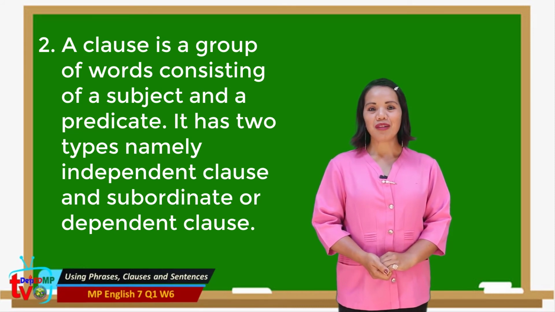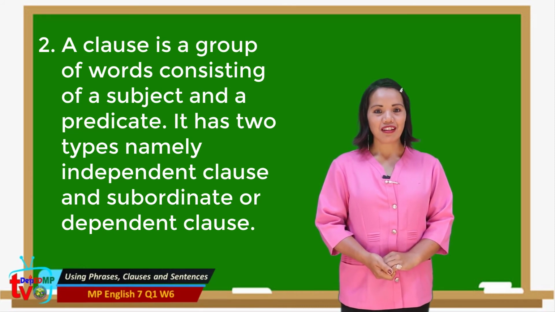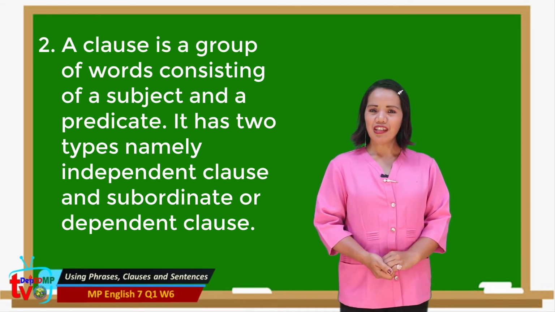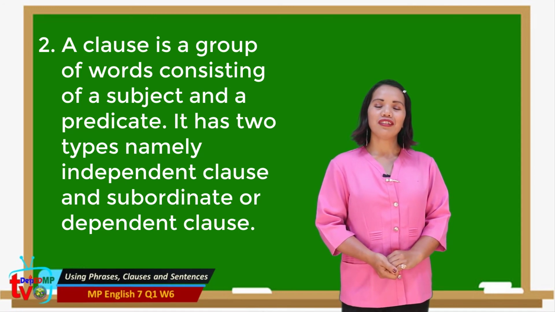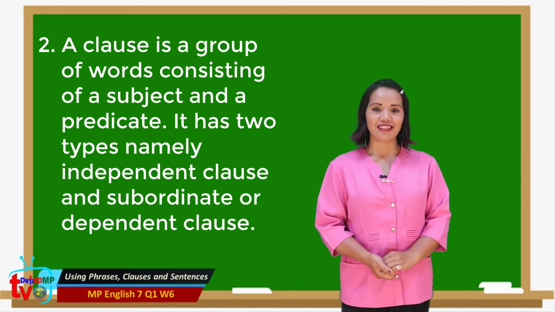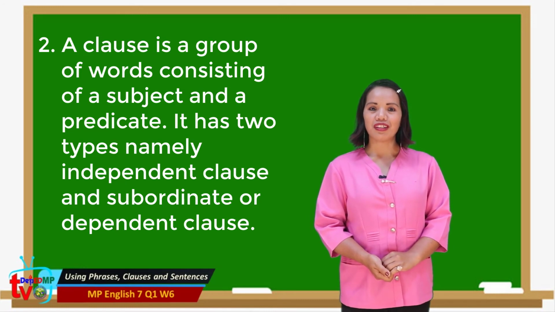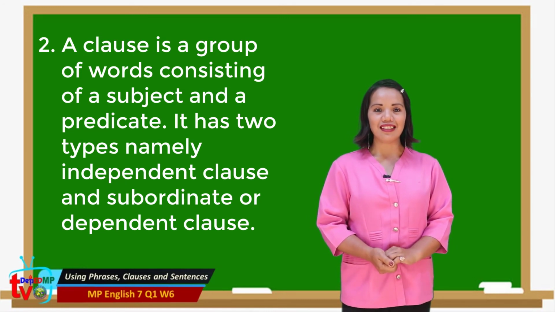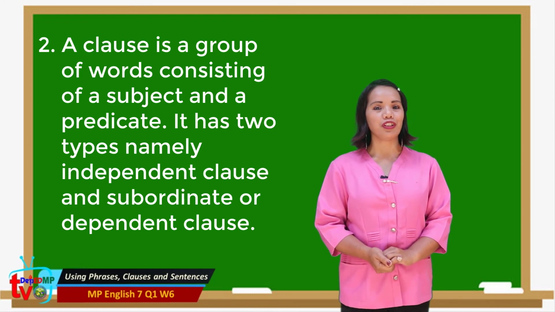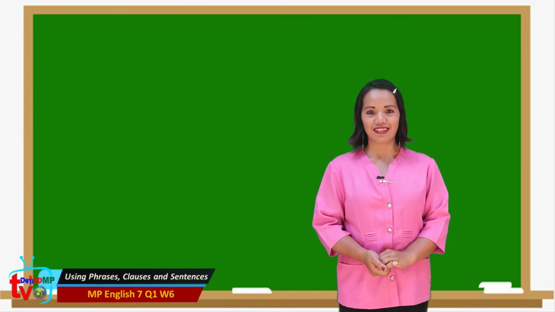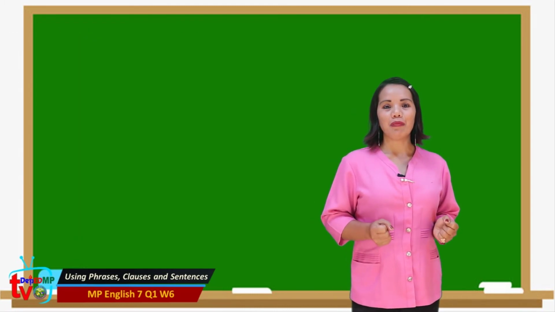It has two types, namely the independent clause and the subordinate or dependent clause. The independent clause can stand by itself as a sentence, while the subordinate clause cannot stand as a sentence. The subordinate clause is also called a dependent clause because it needs an independent clause in order to be called a sentence. And finally, number three.